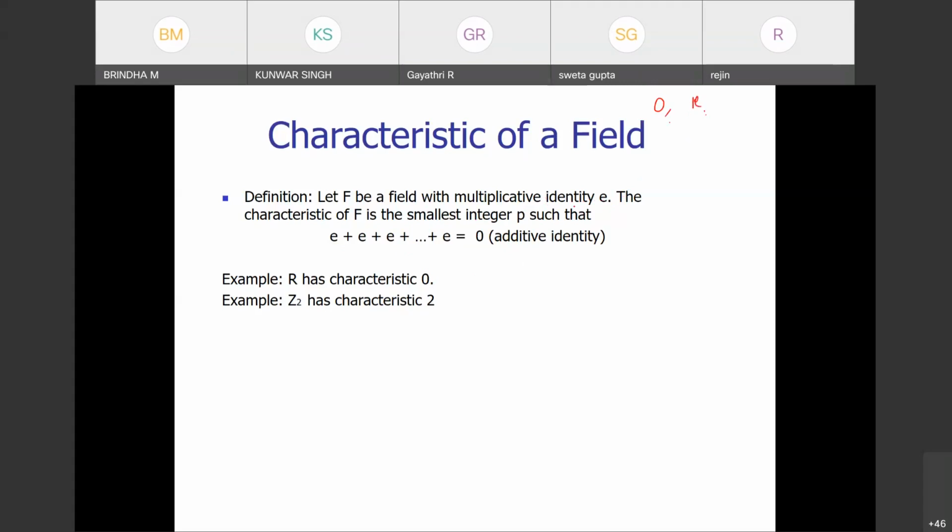So how many times E must be added to become the first identity 0? If no such P exists, then the characteristic will be 0.